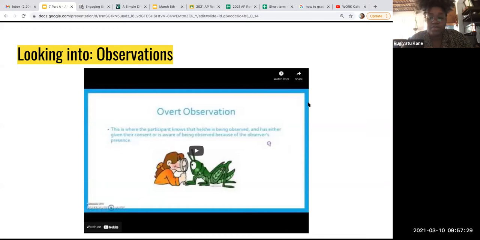So are you observing something that is happening naturally, or are you observing something in a controlled environment? There was participant versus non-participant observation. This is often used in ethnographies. Participant observation is where you are doing the same thing as the people you're observing.